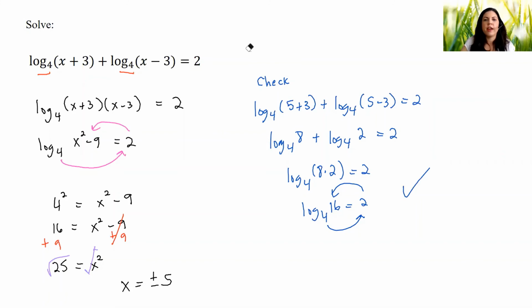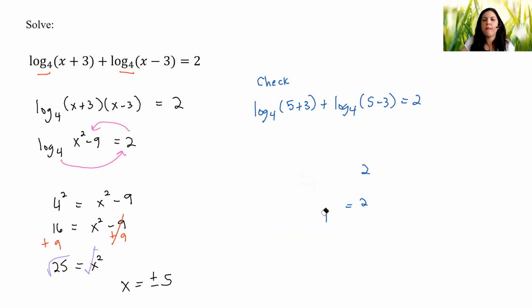Let me check that now with a negative 5. So I'll erase this work. And now instead of positive 5, we're substituting in a negative 5 for x. Now what's going to happen here is we're going to have negative 5 plus 3, which is negative 2. And here we have negative 8.